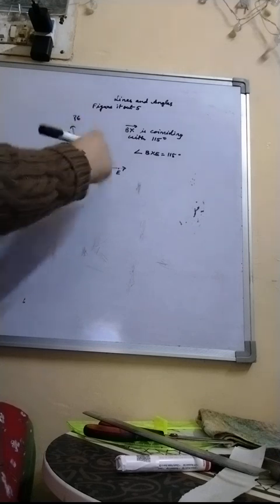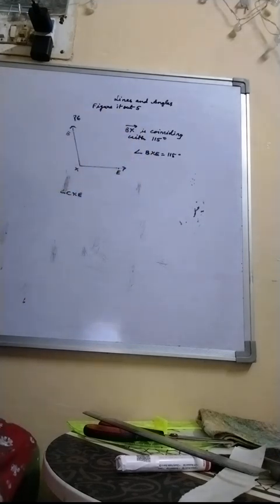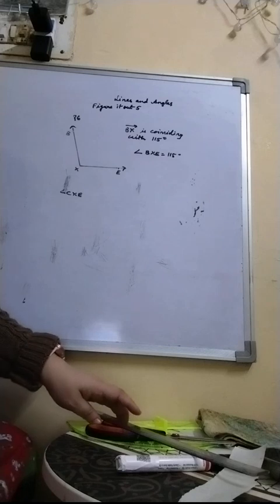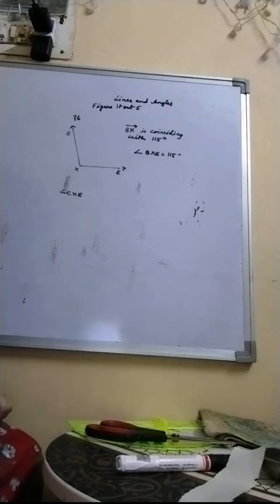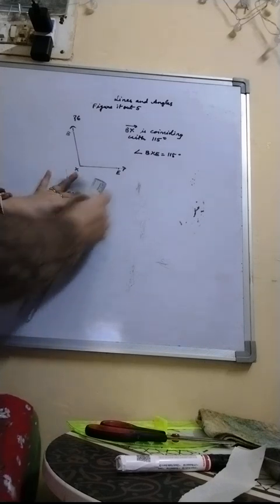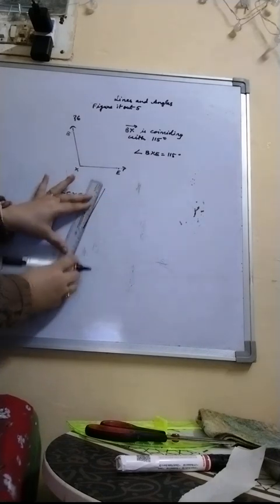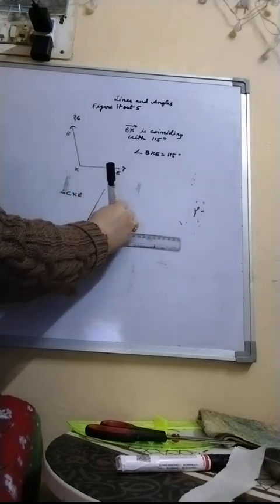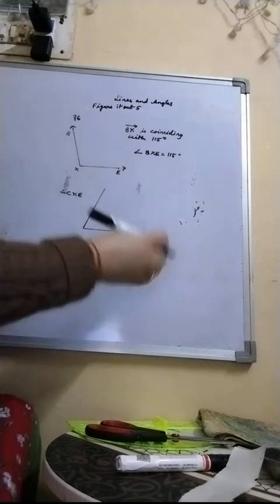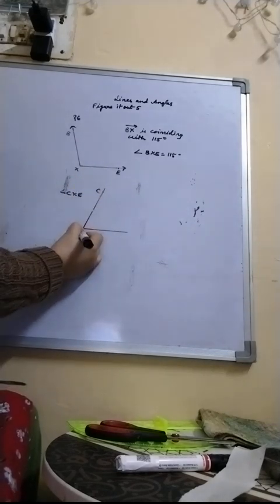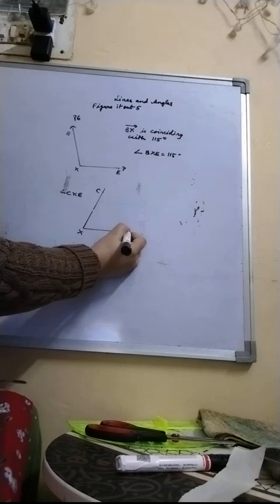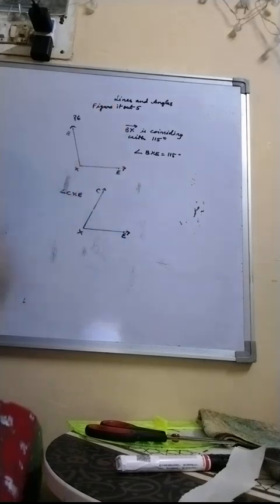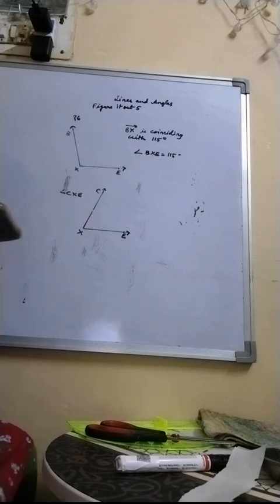Okay. Now next is angle CXE. I have drawn the angle for you so that you are also able to recognize it. However, you have to recognize it yourself. So we take this angle CXE. The vertex is X and the rays are CX and XE. Now again start with the 0 reading.